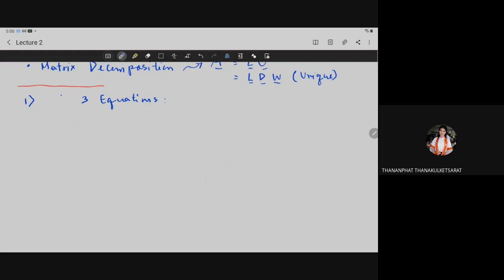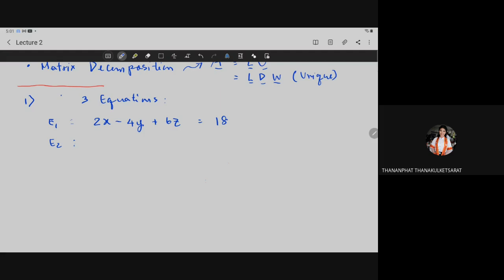Say that the first equation I call E1. This is 2x minus 4y plus 6z equal to 18. Then we have equation number 2. If you don't hear me well today, please tell me, because I'm talking with a tablet today.